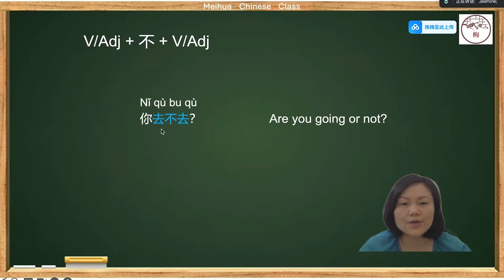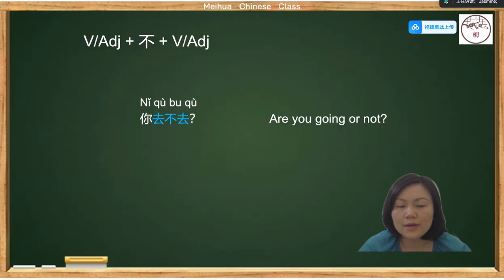For example, 你去不去? Here, 去 is the verb in the sentence. To confirm this action, we use the positive and negative pattern. How do we do this? We add another character bu in between the first verb and the second verb.